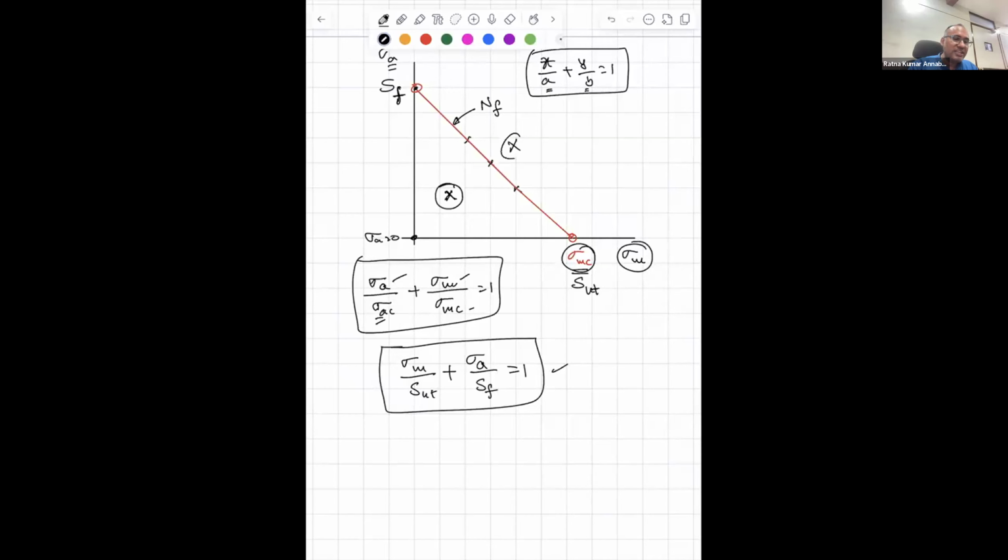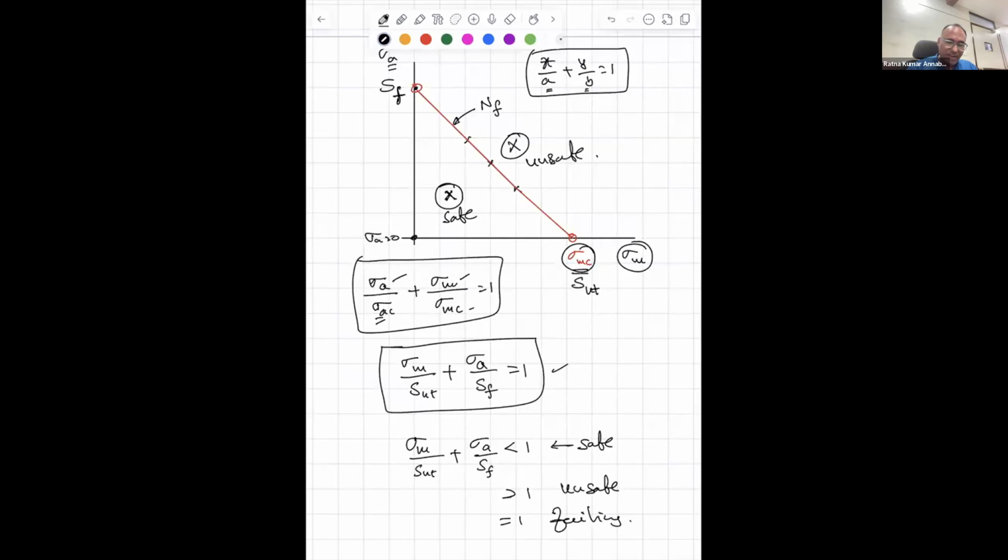If it is outside that, then it is unsafe. So I can write: if sigma m by SUT plus sigma a by SF is less than 1, then it is safe. If greater than 1, it is unsafe. Equal to 1, failing.